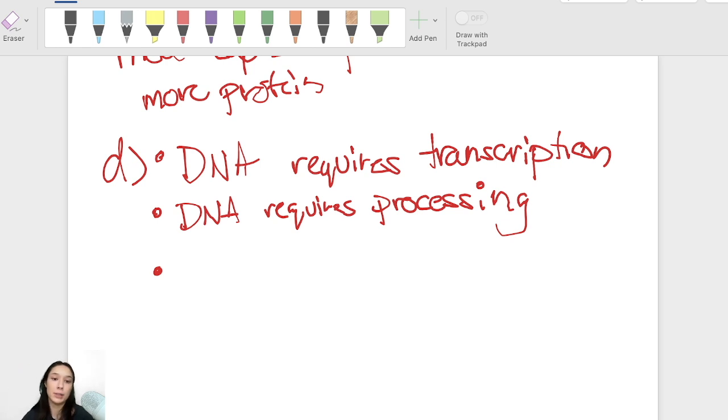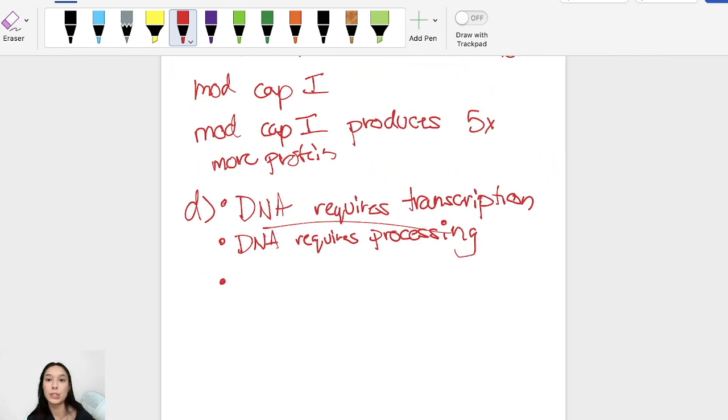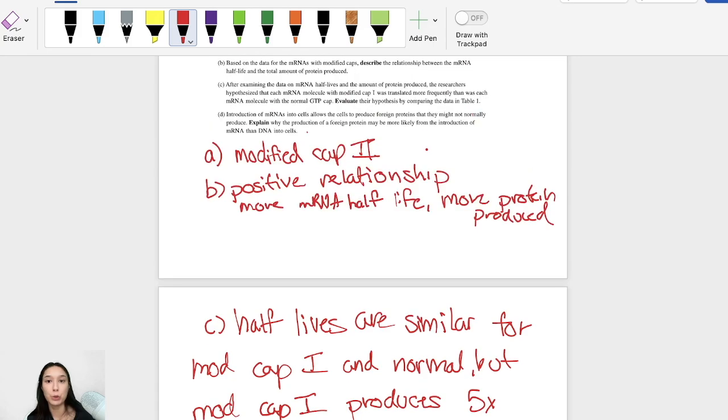There is a possibility that it might just not be able to transcribe it. It might not have the proper transcription factors, a whole lot of issues. Really, that comes down to DNA requiring transcription. Transcription is an extra step, and it's going to cause a lot more issues than if I were to just inject mRNA.